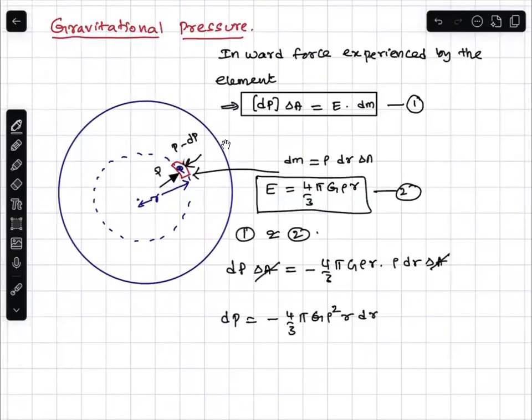Why is there a minus sign? That you need to understand now. It's attractive. Minus sign indicates attraction in nature towards the center.